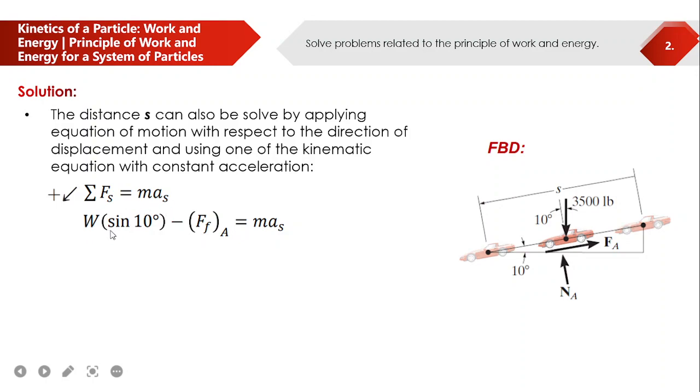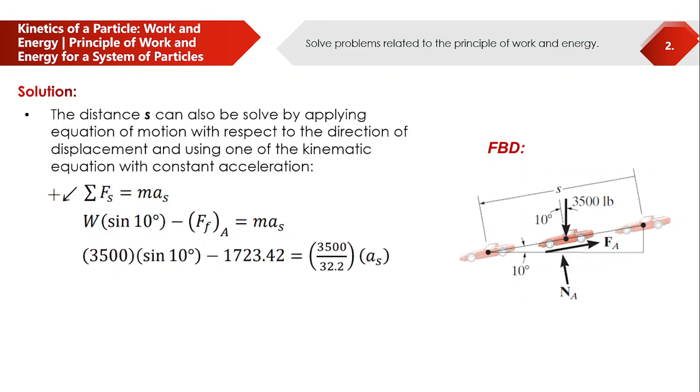That will be W times sine 10 degrees minus F sub A is equal to m times acceleration. So 3,500 sine 10 minus 1,723.42 is equal to 3,500 over 32.2 times acceleration. So your acceleration will be this one.